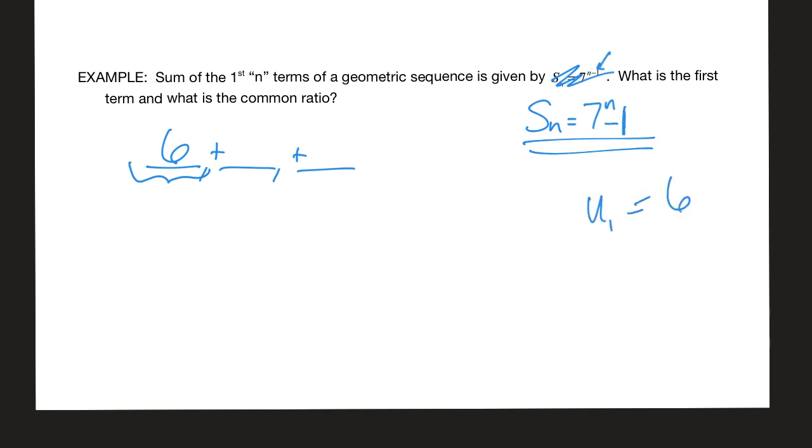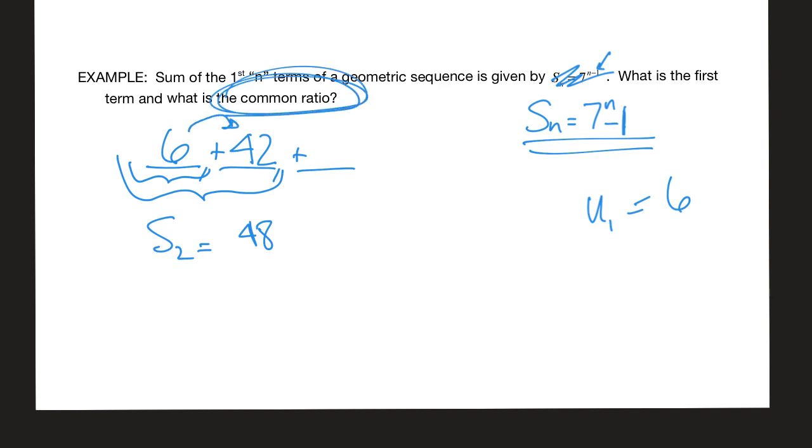When I plug in 2 into that formula, I get 48, right? It's 49 minus 1, which means that these two numbers should add up to be 48, which means that the second number right here has to be 42. Once you know the first two numbers, then I know what the common ratio is, right? What do I multiply by here? I would have to multiply by 7.